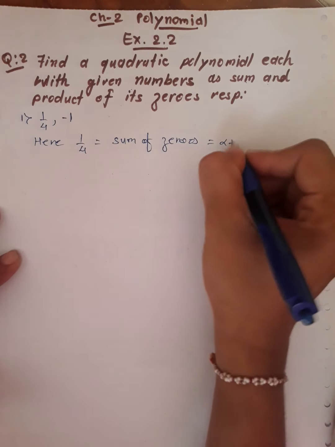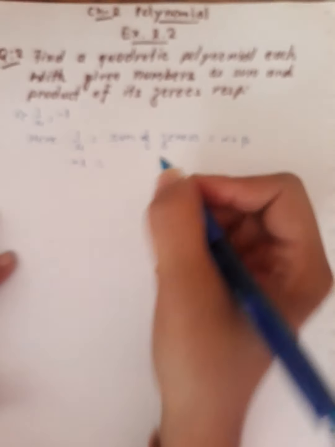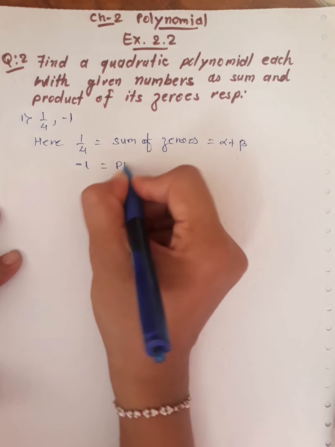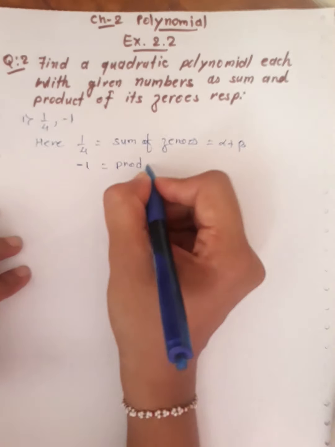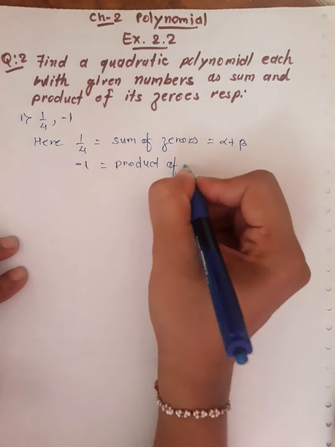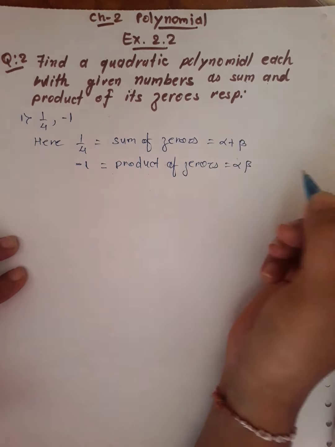So that will be alpha plus beta, and minus 1 is equal to the product of the zeros, which is alpha into beta.